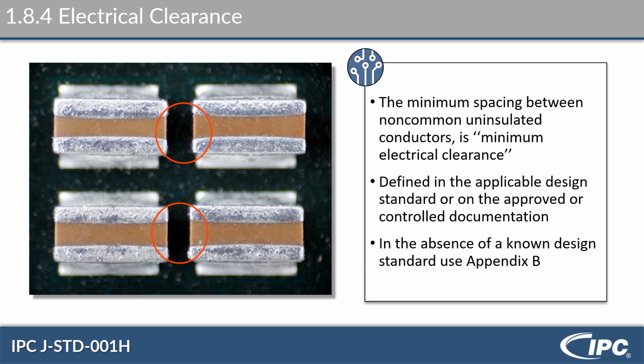These are two words that you will hear me say so often you'll start to doubt they're real. Electrical clearance. You'll also hear me saying minimum electrical clearance. That is the spacing between two uninsulated conductors that are not common, so they're not on the same circuit. That minimum spacing is minimum electrical clearance.